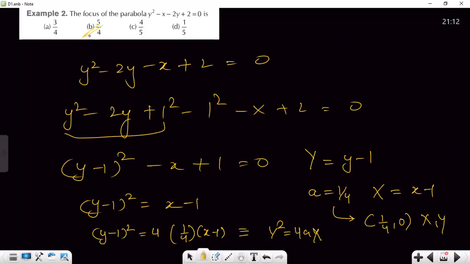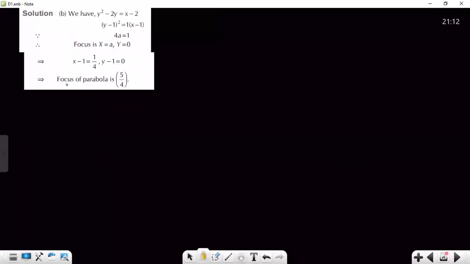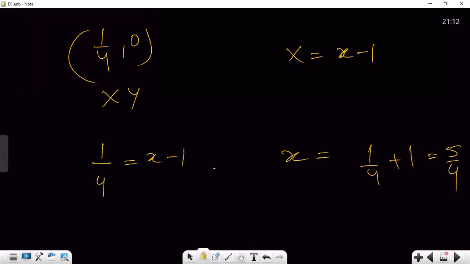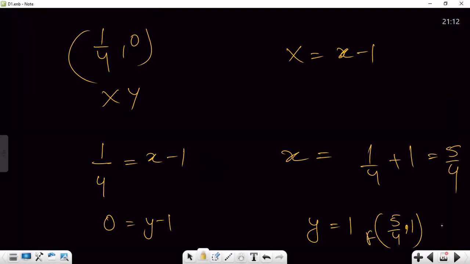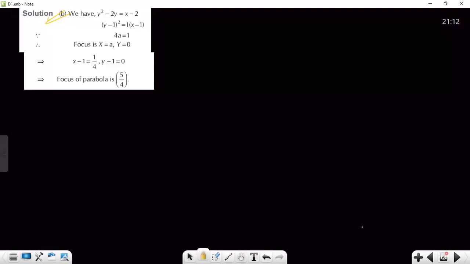So option B should be our answer, and yes, option B is our correct answer. Understood? And also we didn't solve for y because the options were incomplete. So y was 0, which is also equal to y minus 1, so y becomes 1. So the focus becomes 5 by 4 and 1. Understood? Yes, sir.